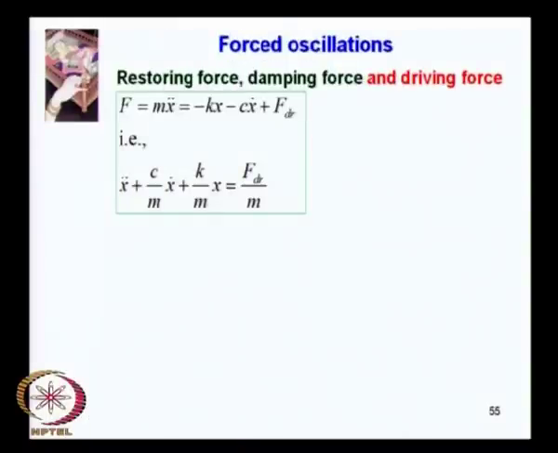So, we will set up an equation of motion now in which the net mass times acceleration for the object, which is m x double dot for a one dimensional oscillator, is equal to the restoring force, which is minus kx. Then there is a damping term which is minus c x dot.